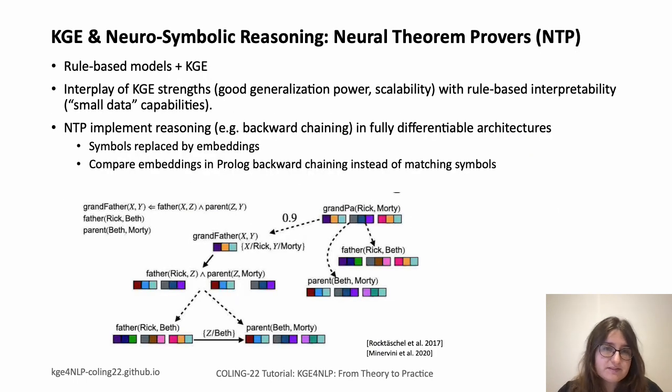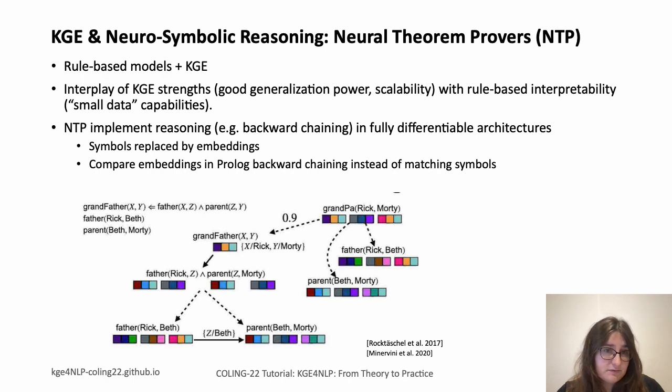Another work from the same line of works is work on neural theorem provers with blends of knowledge graph embeddings and rule-based models, and they can take the best of two worlds, so good generalization power, scalability from knowledge graph embeddings, and interpretability of rule-based approach. NTP implement reasoning in fully differentiable architectures, and symbols are replaced with embeddings.